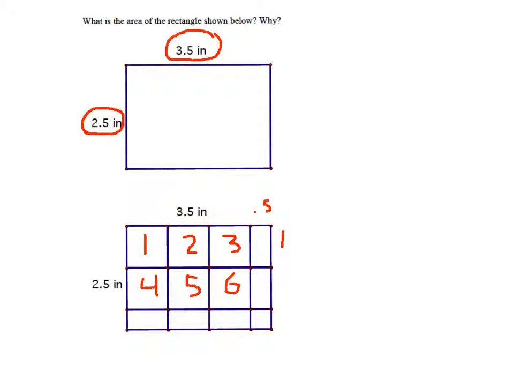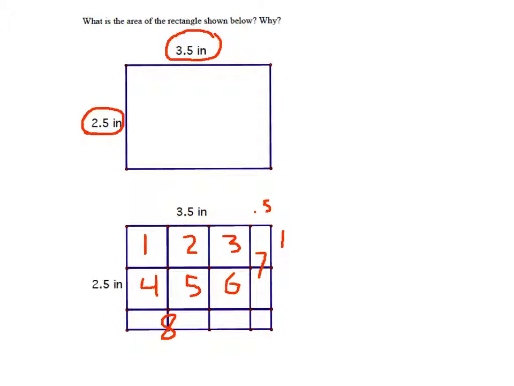So together, these two create 7. These two here on the bottom left, those also are 2 halves, which creates another whole. So that's 8 square inches.